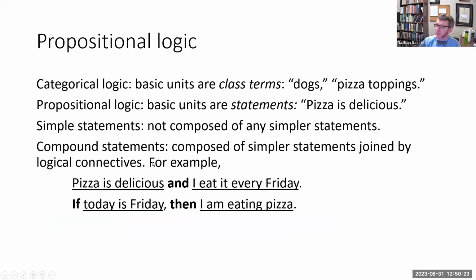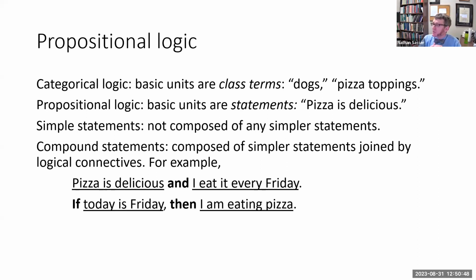So in categorical logic, the basic units that you're working with are class terms: dogs, pizza toppings, men, women, whatever you want. In propositional logic, the basic units are statements. So not just a single class term, but say a statement like pizza is delicious. It's a complete sentence. It's true or false.